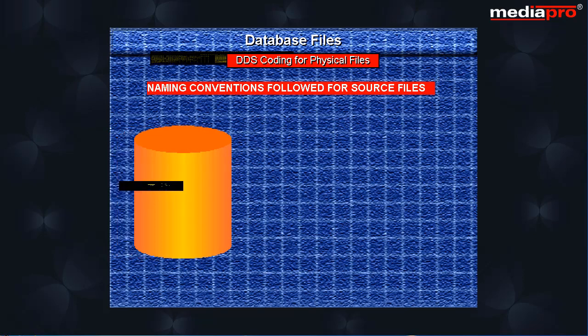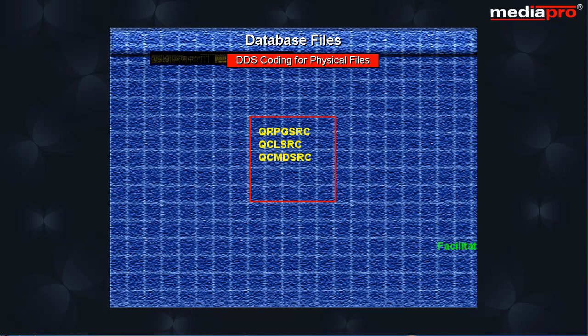The source file used for storing data descriptions is usually named QDDSSRC. This enables the system to supply the correct object type to the editor so that interactive syntax checking can be done.